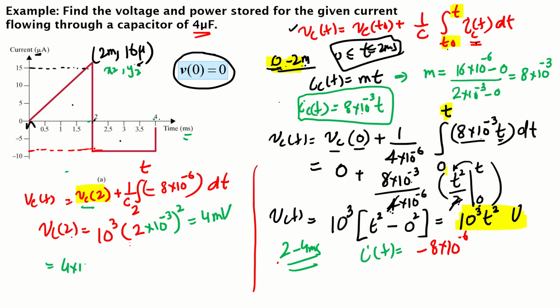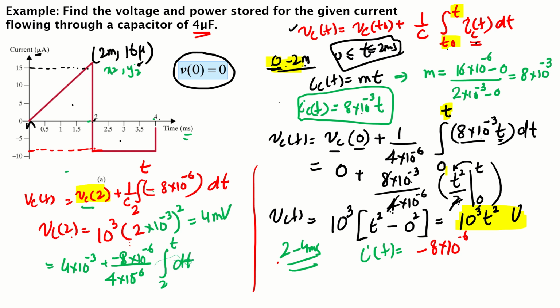So 4 times 10 power -3 plus 1 over C. C is 4 micro, so 4 times 10 power -6. The -8 comes outside, so it becomes -8 times 10 power -6, and what is left inside is the integration from 2 to t of a constant.